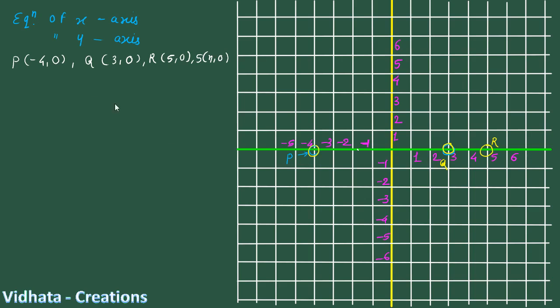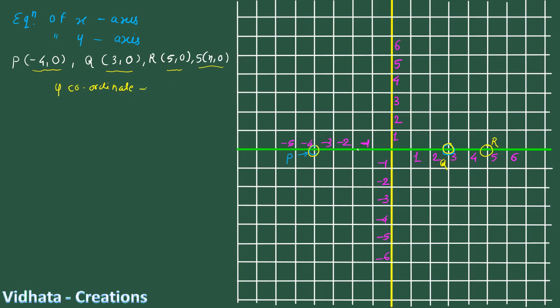What conclusion can we draw? By simply observing the coordinates of the given points, you see that the x coordinate is changing, it is variable. The x coordinate varies, but the y coordinate is constant.